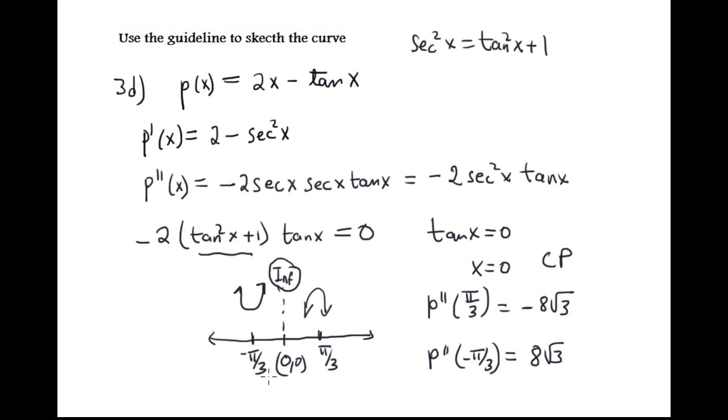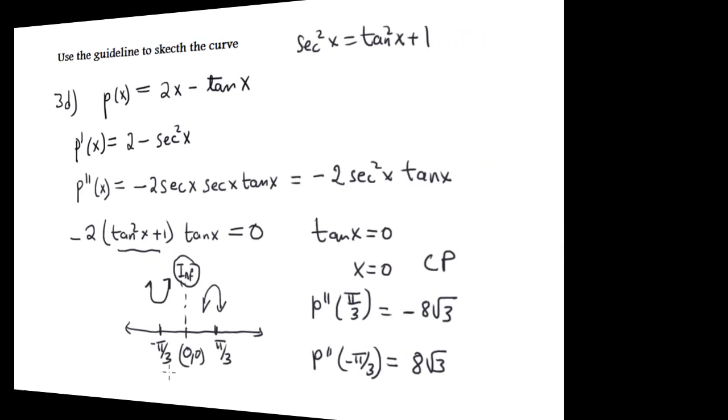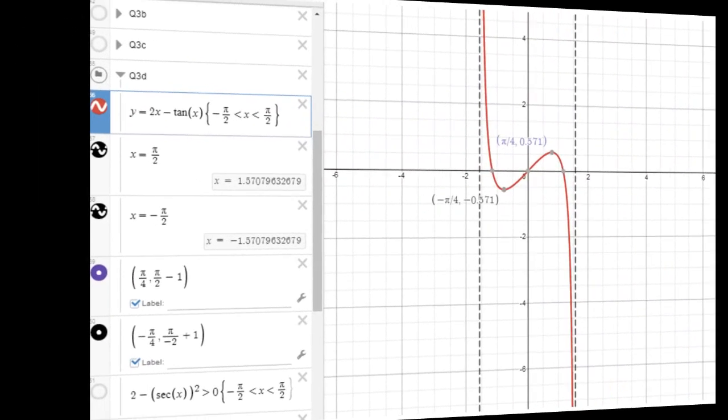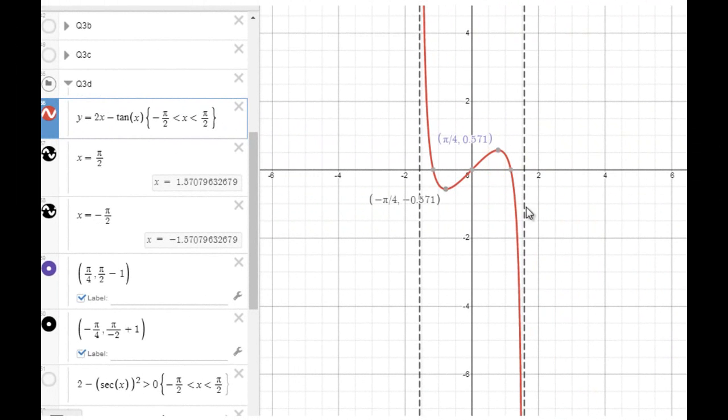Okay, and let's see now the Desmos simulation. This is our curve. We can see clearly we have 3 x-intercepts: 0, 0, negative 1.17 approximately, and positive 1.17. Two vertical asymptotes at negative pi over 2 and positive pi over 2.